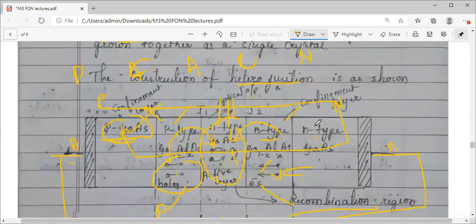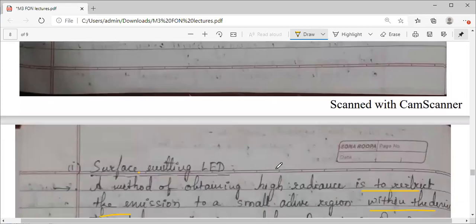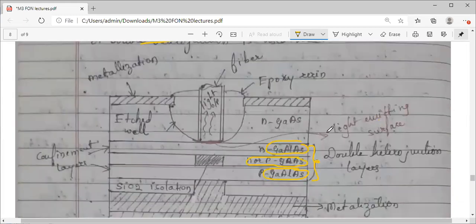In this structure they are drawn vertically. Here you have n type, you have p type, and one more layer should come here, I forgot, I guess p type. Then here you have a confinement layer, here one more confinement layer, and at the center the active layer. I have drawn the structure vertically.